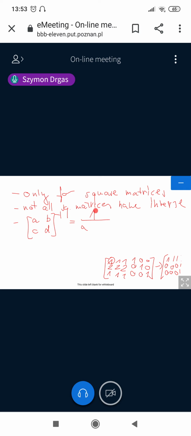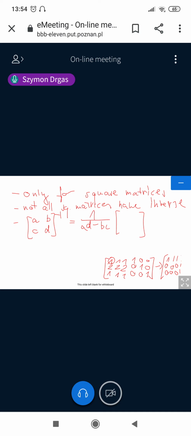First, you have to divide 1 by the determinant of this matrix. For a 2 by 2 matrix, this formula is: you multiply the elements on the diagonal of this matrix, and then subtract the product of the off-diagonal entries.